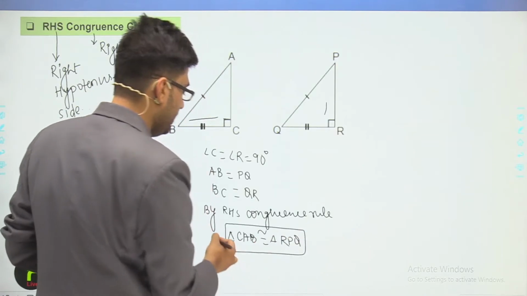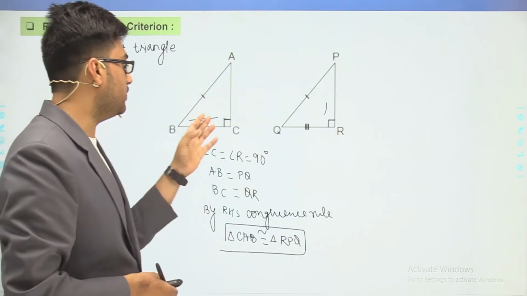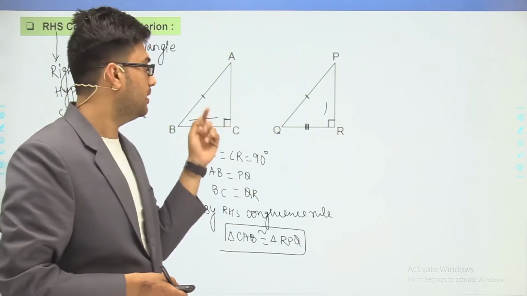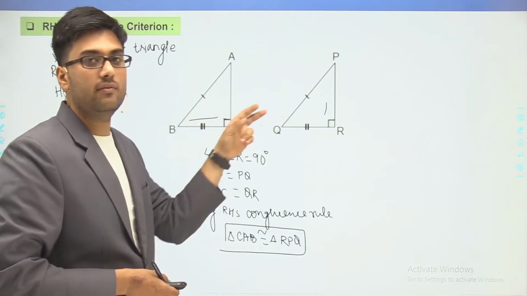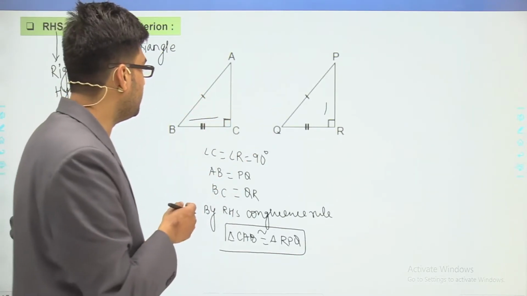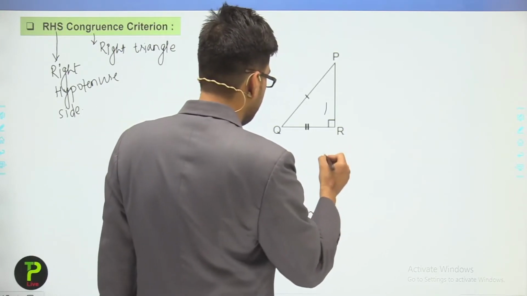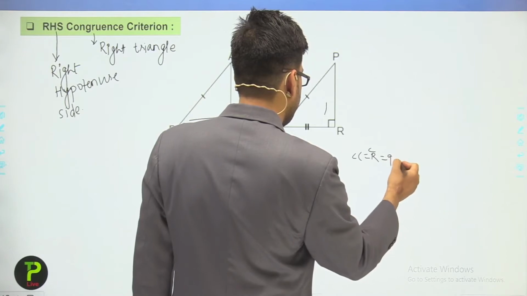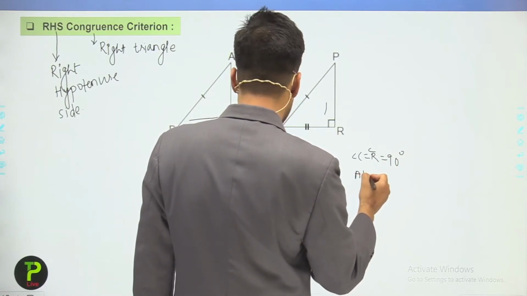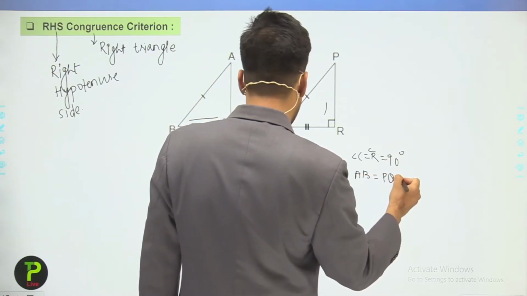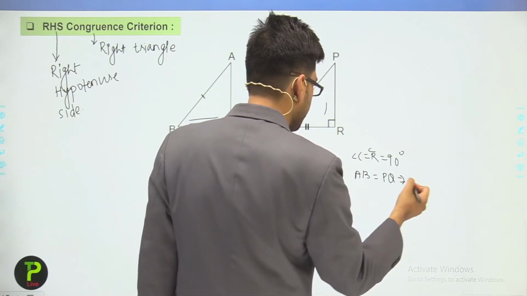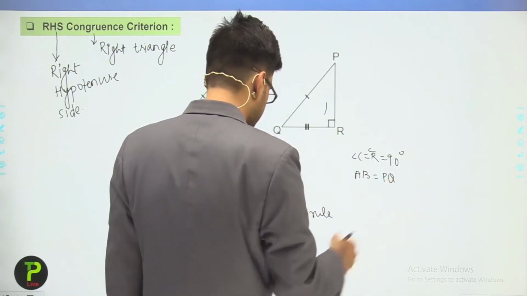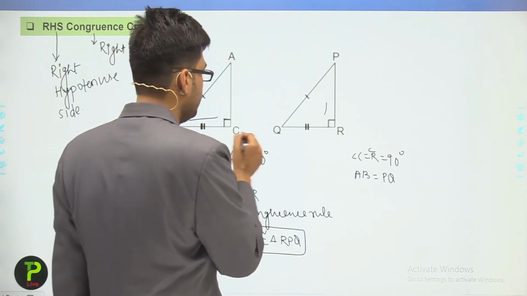And students, here the compulsory criteria is that both are right angles, hypotenuses are equal, and any one side is equal. For example, if angle C is equal to angle R, both are 90 degrees, and AB is equal to PQ, and both are equal. And students, it is given that BC is equal to PR.